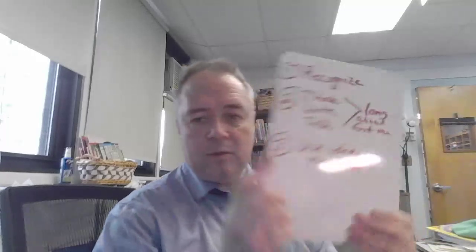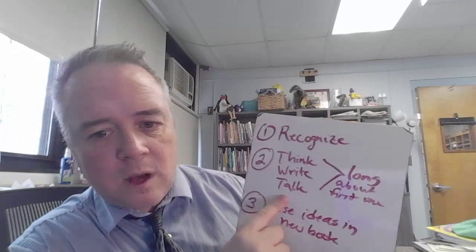Don't worry about it. But it reminds me a lot of Matilda. And so now I'm going to do step 2. I'm going to think and talk long about Matilda, because I know Matilda really well, and I'm going to use that to read James and the Giant Peach better.